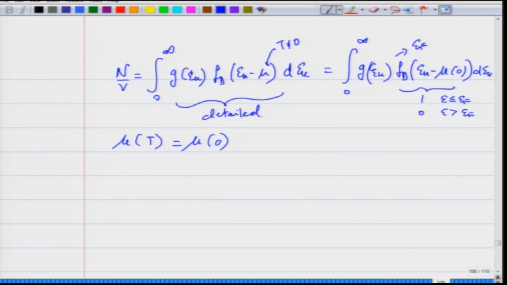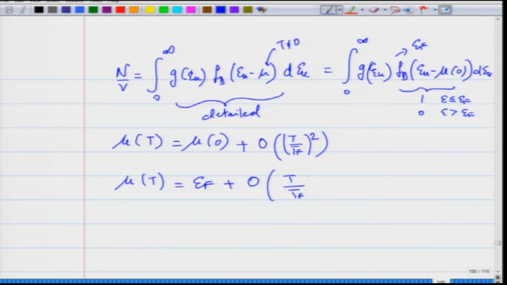Along similar lines with a little bit more involved calculations, you can show that the chemical potential at a finite temperature is the chemical potential at 0 temperature plus a term which is of the order of (T by Tf) the whole square. So, the chemical potential mu(T) is equal to the Fermi energy plus a term which is of the order of (T by Tf) the whole square.